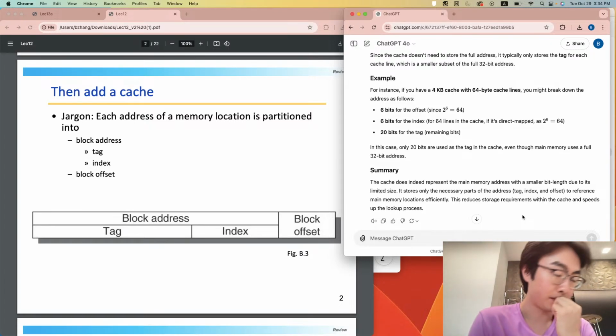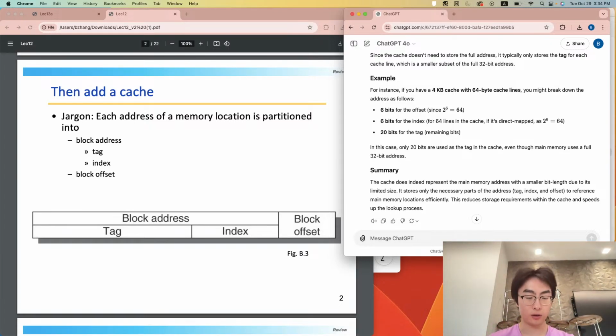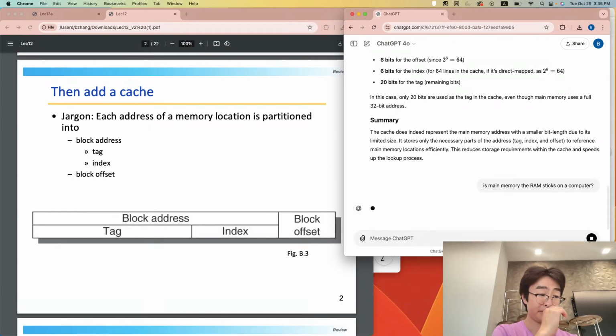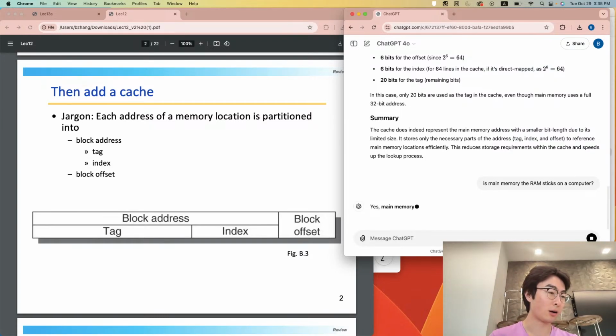Okay, so this is good now. I think one thing I was always missing was, what is this memory address actually from? So it's in main memory. And I think main memory is just the idea of like RAM, the random access memory.